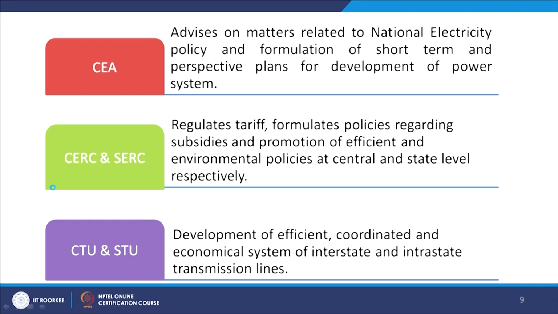Then next, the Central Electricity Regulatory Commission and State Electricity Regulatory Commissions regulate tariff, and formulate policies regarding subsidies and promotion of efficient and environmental policies at central and state level respectively.